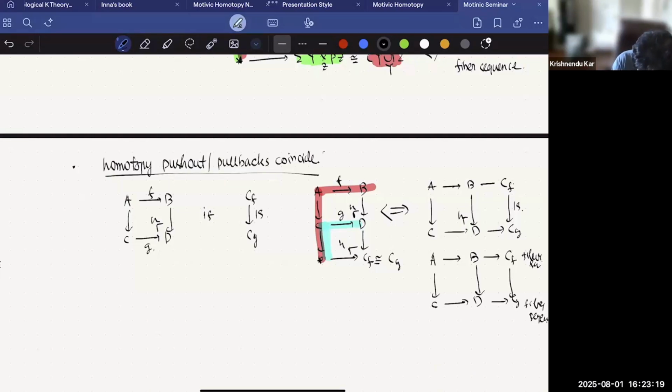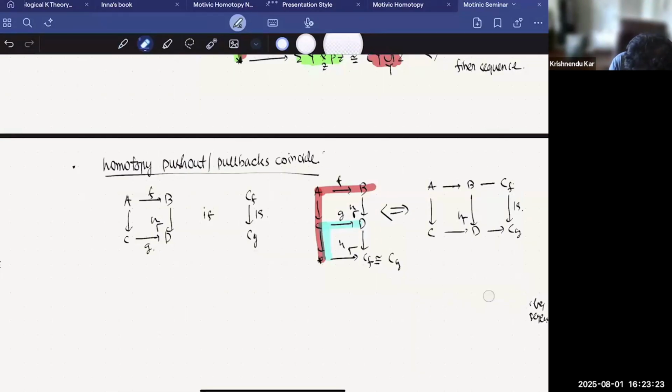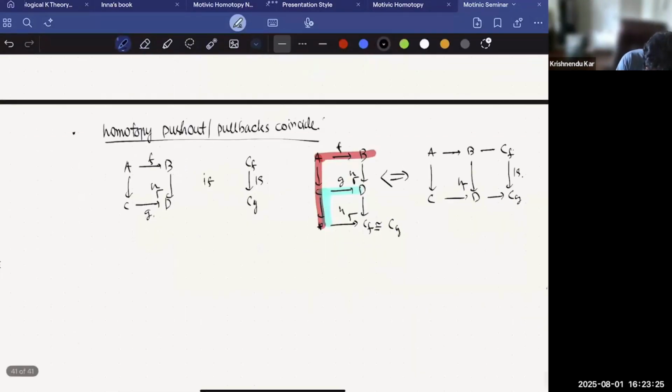So this part is true, CF, CG, and I can state something similar: homotopy pullback if and only if F is stably equivalent to G.